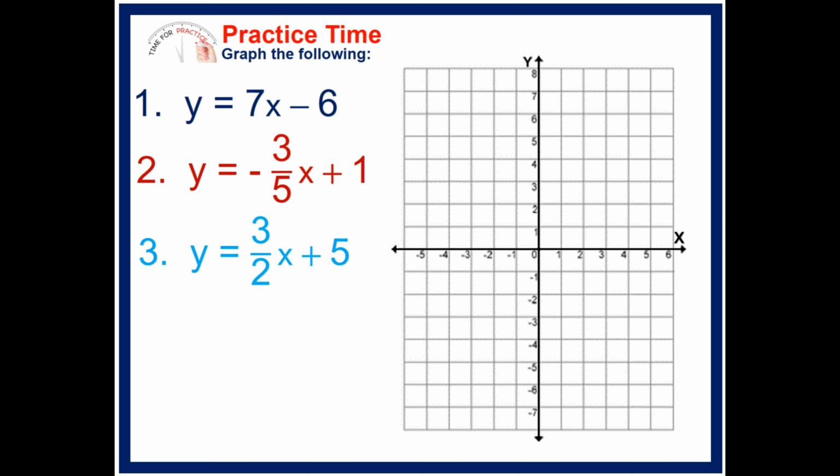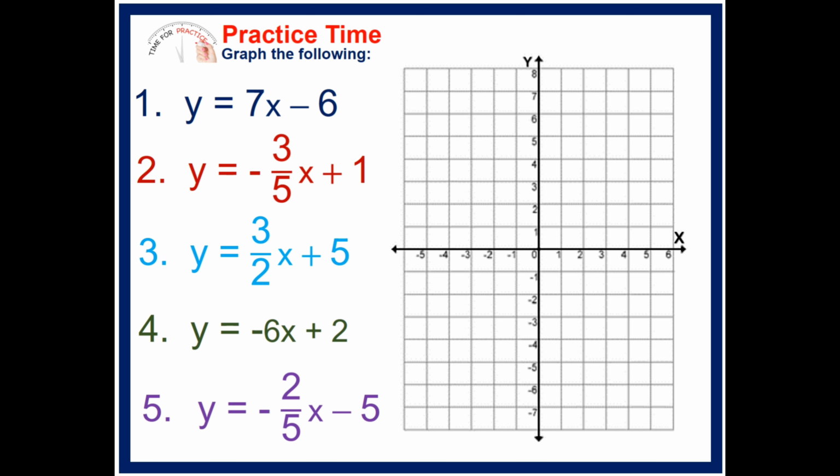Number 3, y equals 3 over 2x plus 5. Number 4, y equals negative 6x plus 2. And number 5, y equals negative 2 over 5x minus 5.